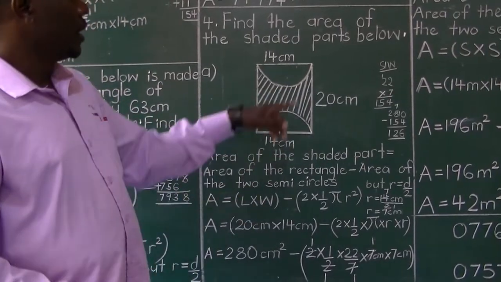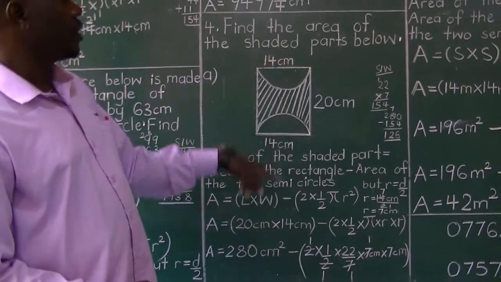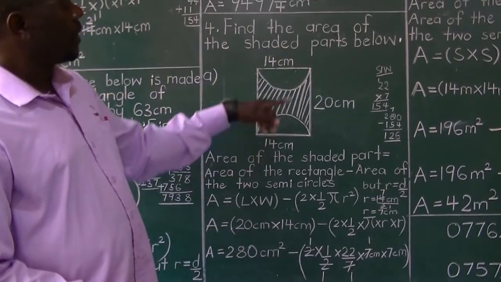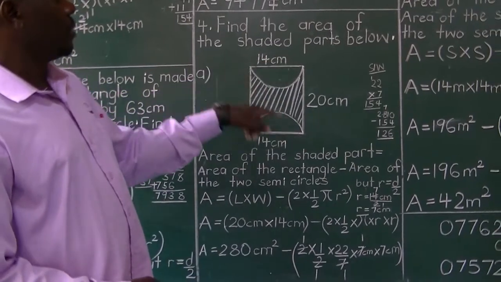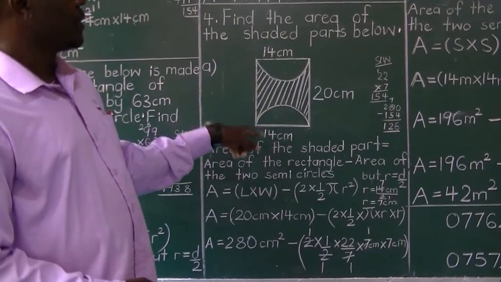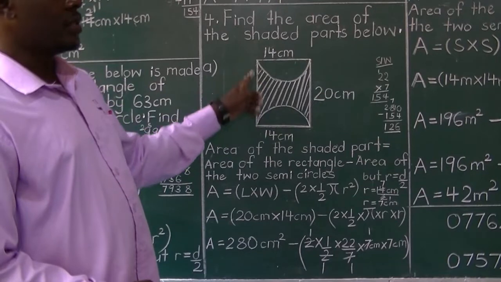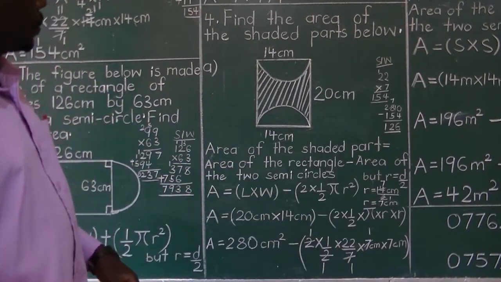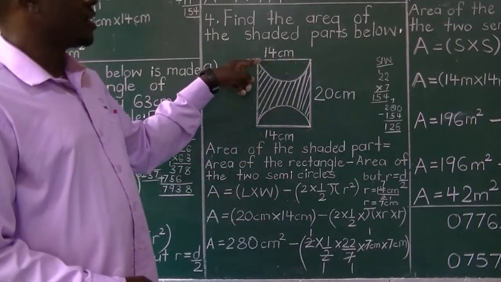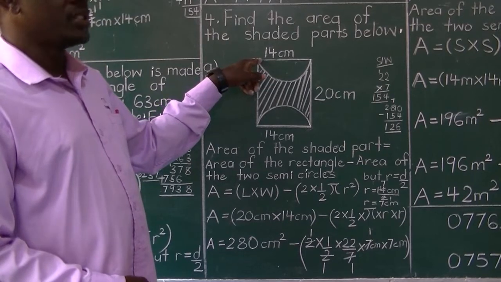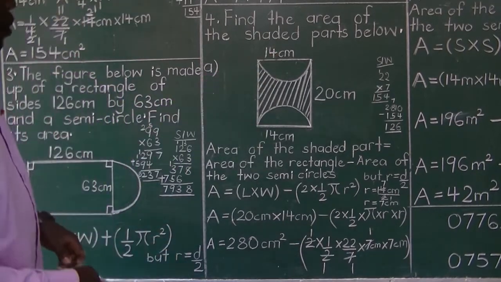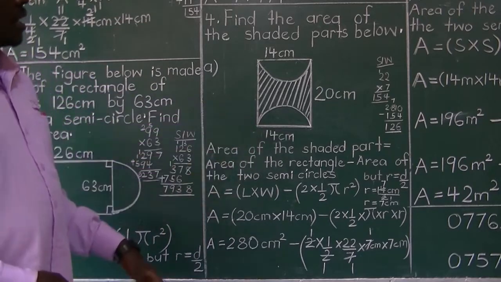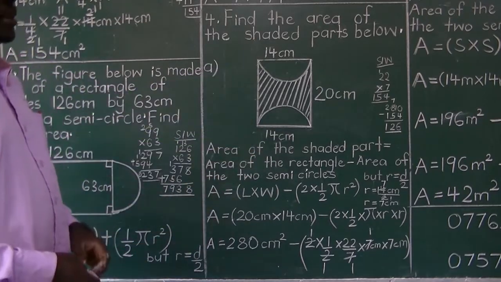Remember there are two, each with diameter 14 centimeters. Why? For a rectangle to be called so, the width must be equal to the width, and the length must be equal to the length. If that's true, we see the width as 14 centimeters, and the same width again serves as the diameter of the semicircle. So this is also 14 down here. This is also 20 centimeters.